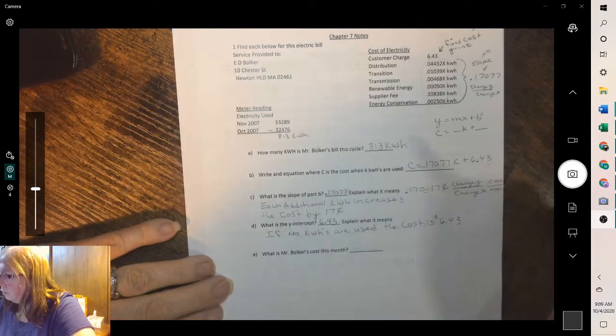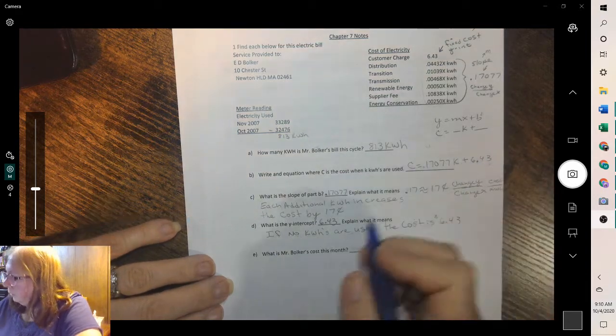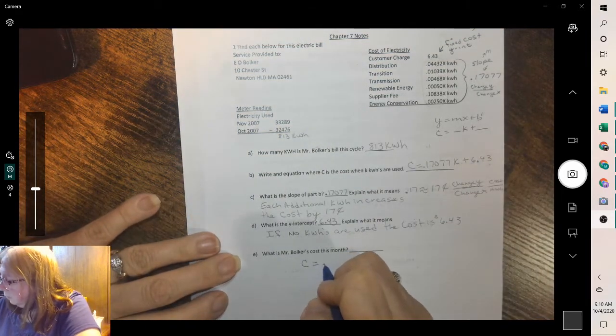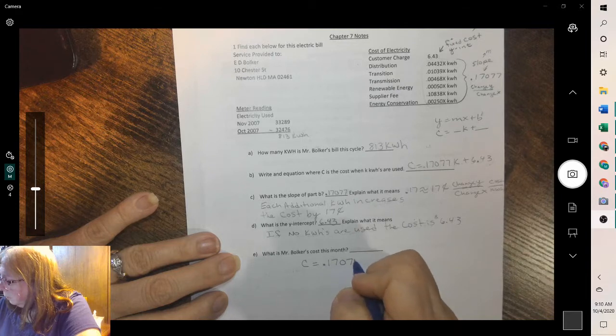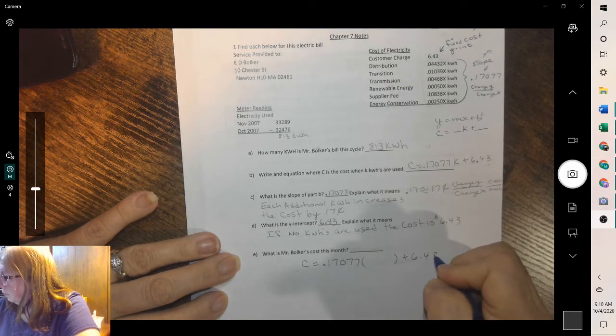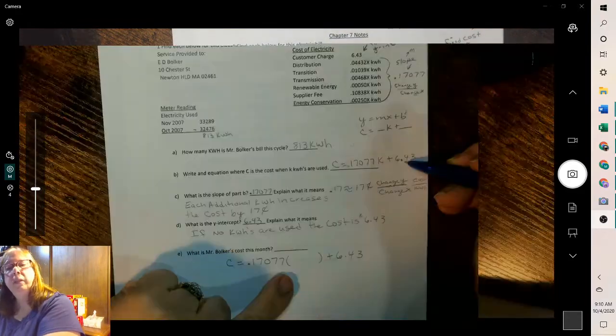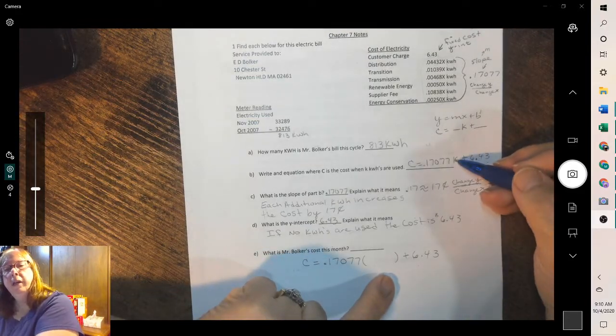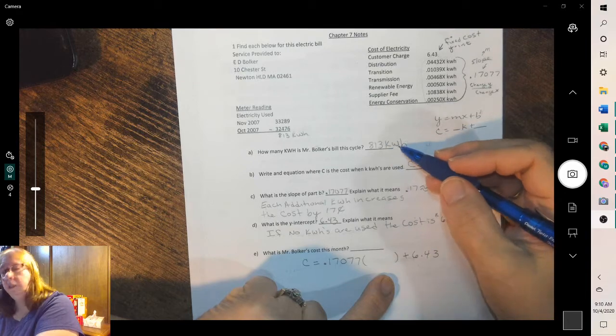What is his cost for this month? Well, we know his equation. So taking our equation from here, we just fill in the kilowatt hours, and he used 813 kilowatt hours.